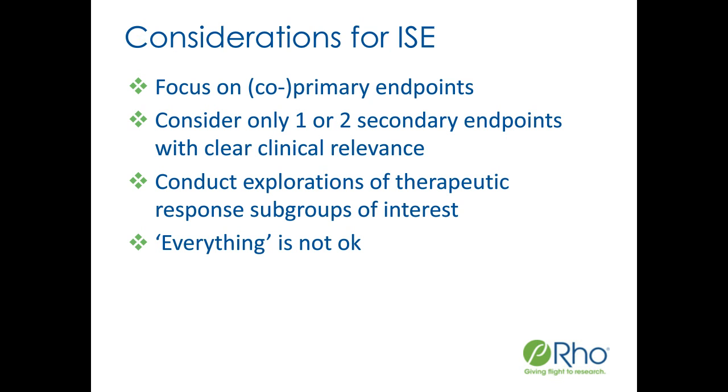And once again, with a larger population, with the pooled data, you have more precise estimates of if there is any response to any subgroups. The subgroups could be age, gender, or race, or something else that is important to your particular indication.